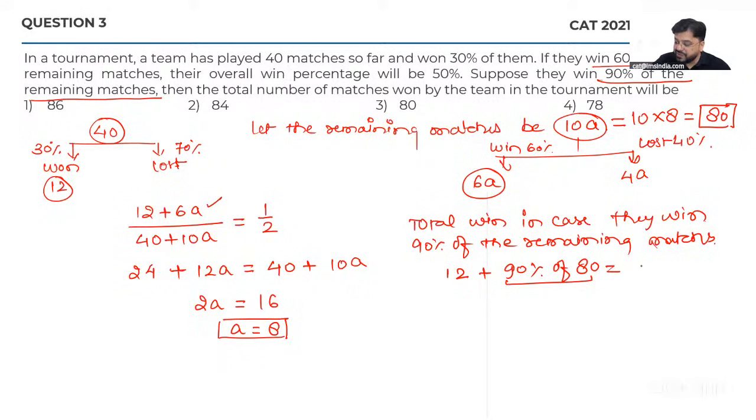So 12 plus 72 is 84. So the number of matches they'll win in this case will be 84. Okay. Let's move to the next question then.